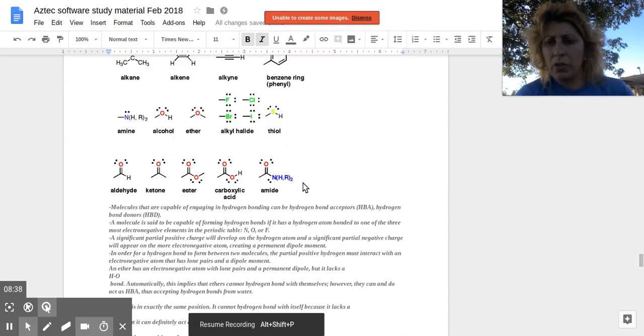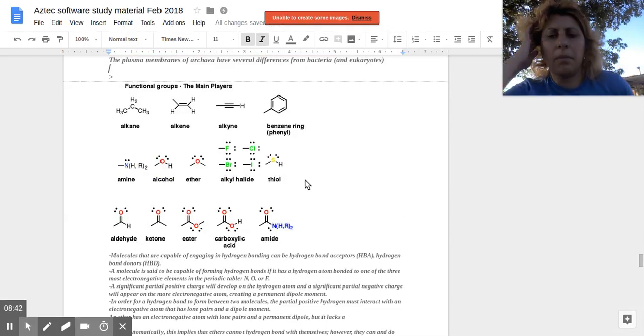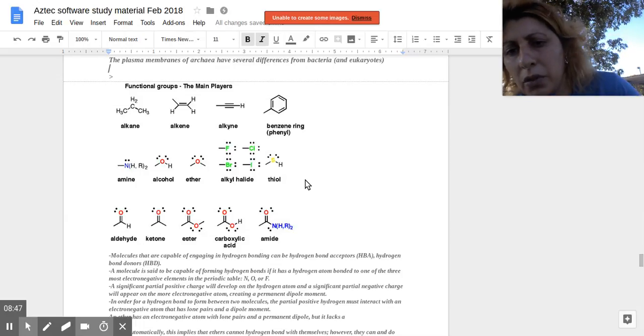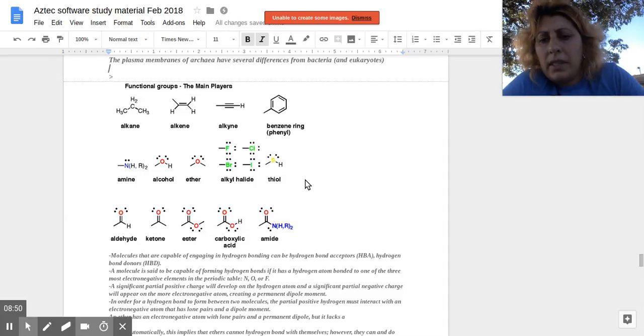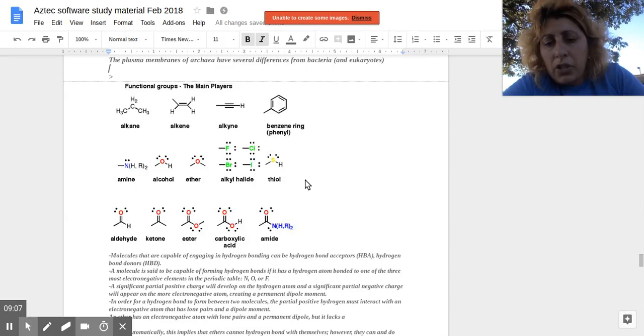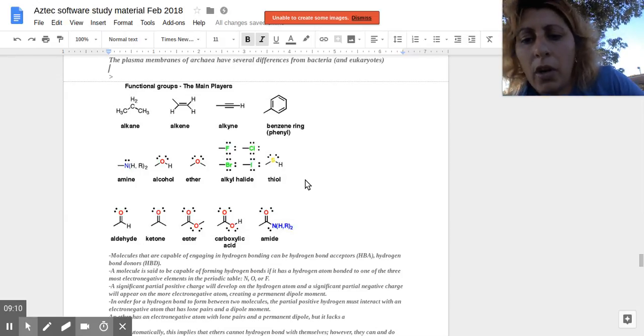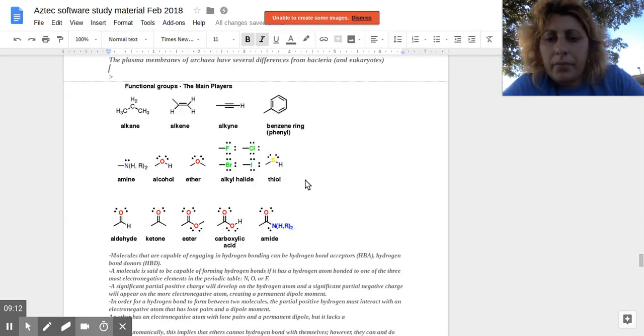So again, the functional groups and different molecules that affect the molecule's reactivity are shown here. They can have alkanes with carbons and hydrogens, alkenes with double bond carbons, alkynes with triple bond carbons, and benzene rings, six carbon rings. Amines have nitrogen, alcohol is an OH, ether is an oxygen singly bound to carbon. Alkyl halides have carbon bound to fluorine, chlorine, iodine, or bromine.